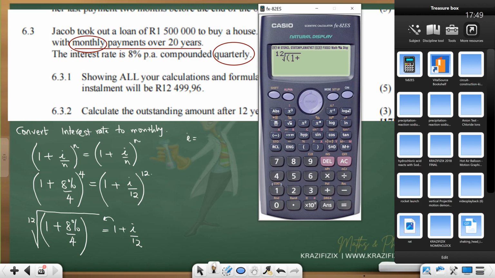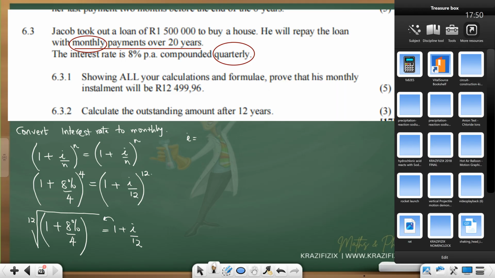Open bracket, 1 plus 8% over 4. Ooh, I forgot the power of 4 there. I'll add it. Okay, the power of 4. Now, what do we do? Move that 1 over, it becomes a minus 1. Move the 12 over, it becomes times 12. Then multiply by 100 because it's a percentage. What is my interest? 7.95%.